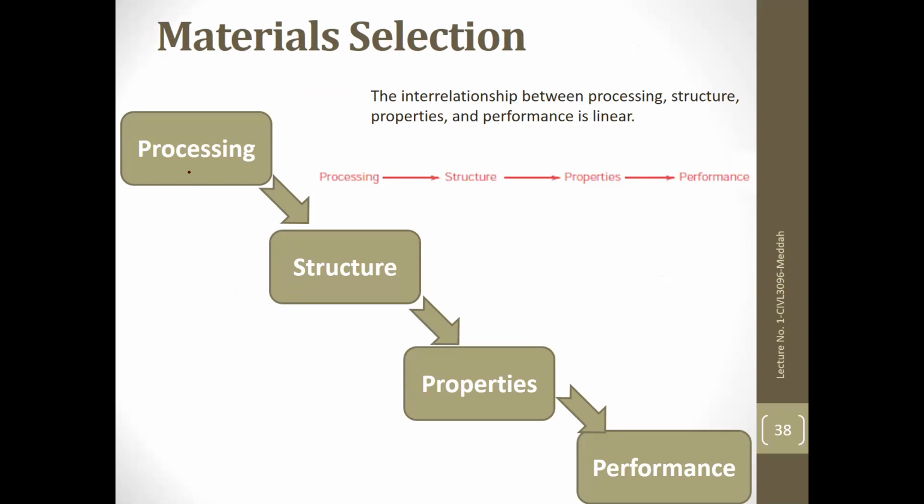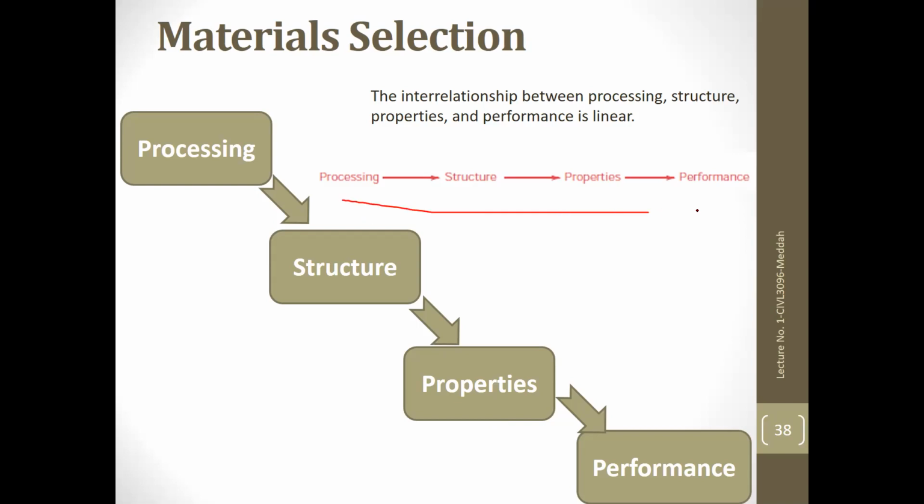So the processing is affecting the structure, changing the structure of the material, and the change in the structure of the material will, of course, change the properties of the material, and the properties of the material will, of course, affect the overall performance of the material when it is used in such an application for a specific purpose.